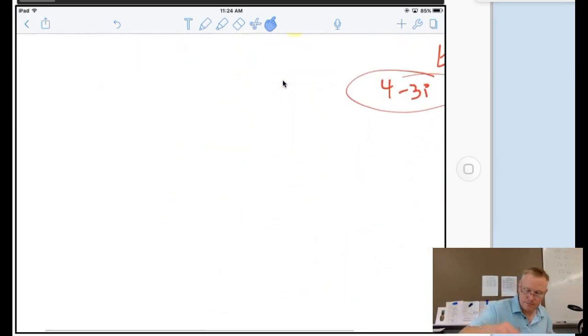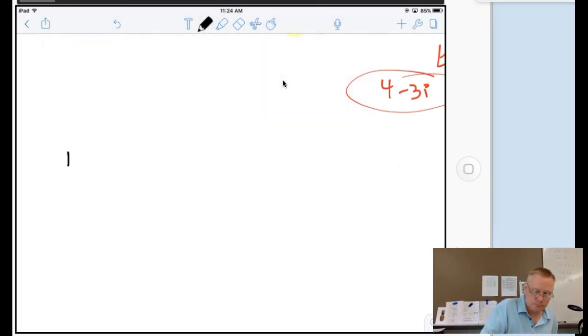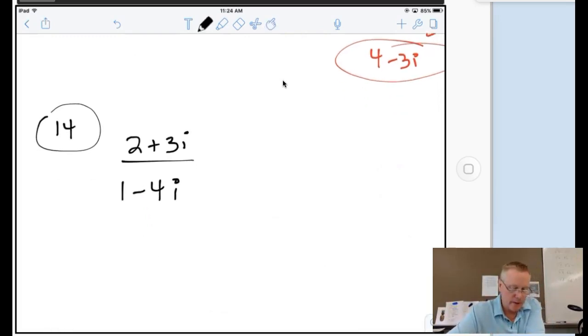14. 2 plus 3i over 1 minus 4i. Now when you get rid of the radical in the bottom and you have addition or subtraction, the only way I've seen to do it is to make a difference of two squares out of the denominator.